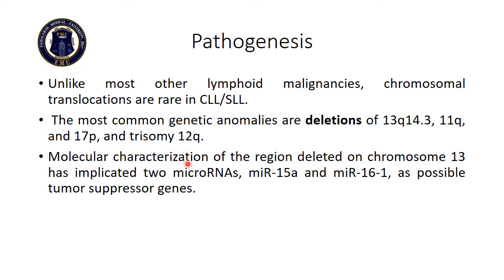Molecular characterization of the region deleted on chromosome 13 has implicated two microRNAs, microRNA 15a and microRNA 16-1. These two microRNAs serve as tumor suppressor genes, but when they are defective there is no stepping back of tumor progression.